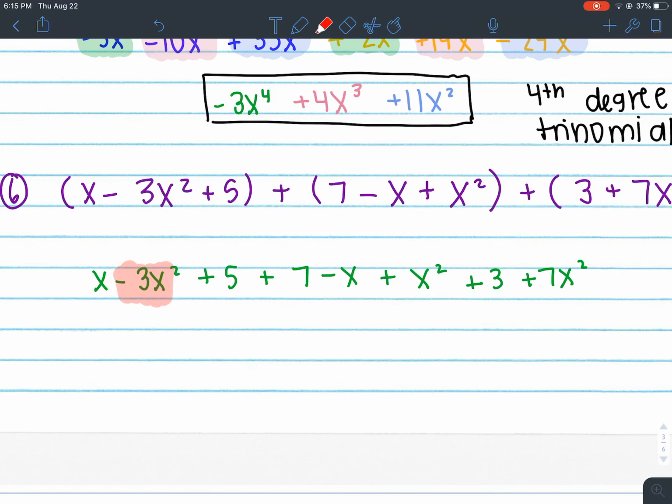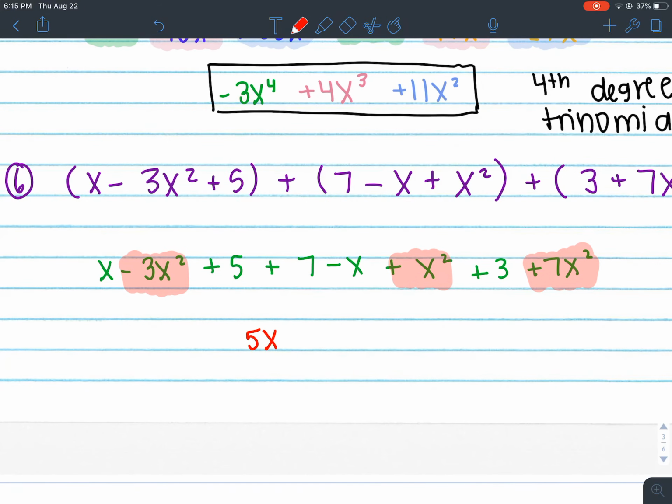All right, so I see negative 3x squared, a positive x squared, and also a 7x squared. So here I have 3 like terms. Negative 3 plus 1 is negative 2, and then negative 2 plus 7 is positive 5x squared.